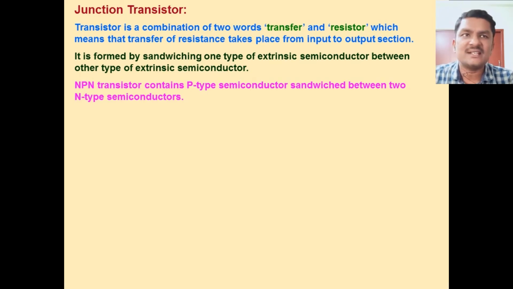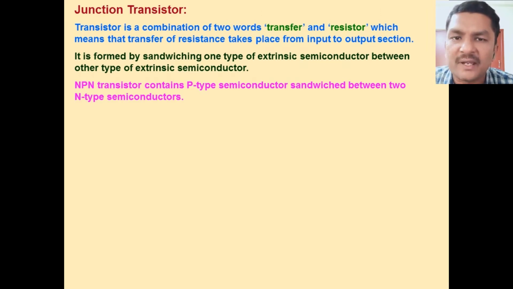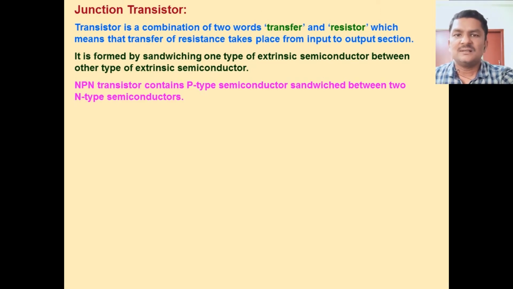So a transistor is formed by sandwiching one type of extrinsic semiconductor between other type of extrinsic semiconductors on either side of it.